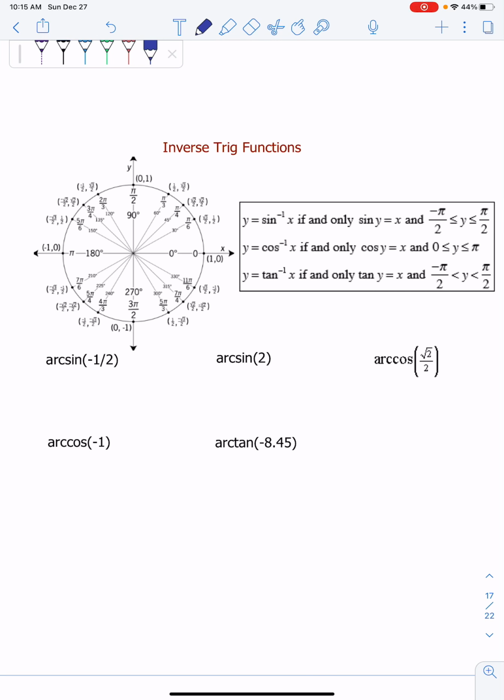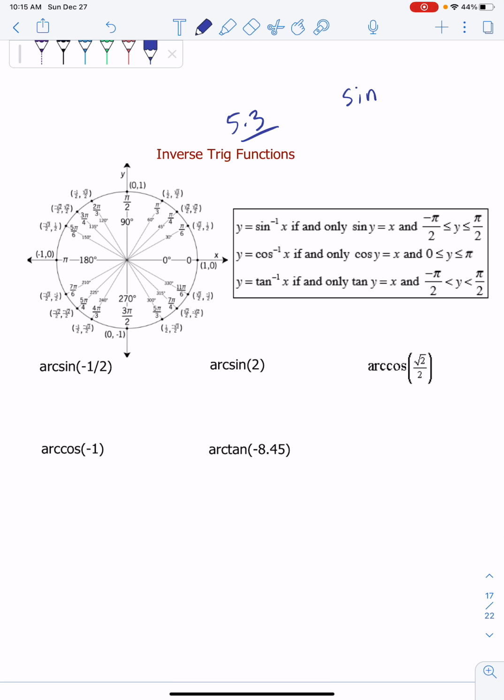All right, guys, so today we are on 5.3, and we're talking about inverse trig functions. Just a quick review of what you did last year. Remember, when you take a regular trig function, like the sine of 50 degrees, my answer is some ratio A over B. When I take the inverse sine, I don't know what my angle is.